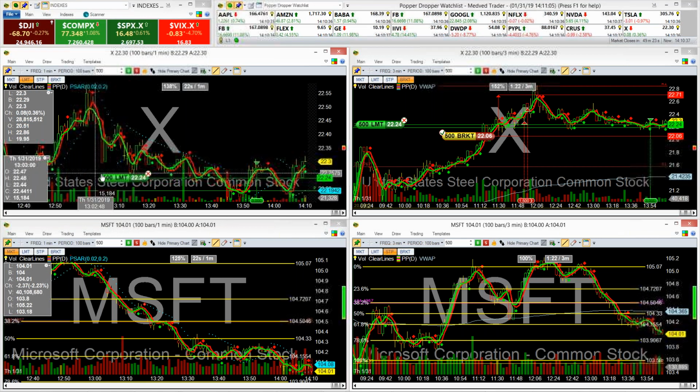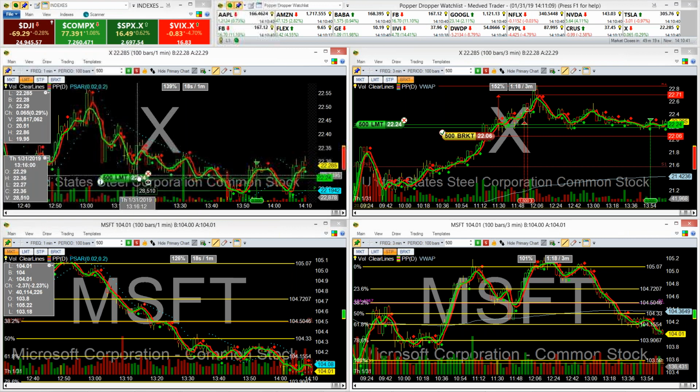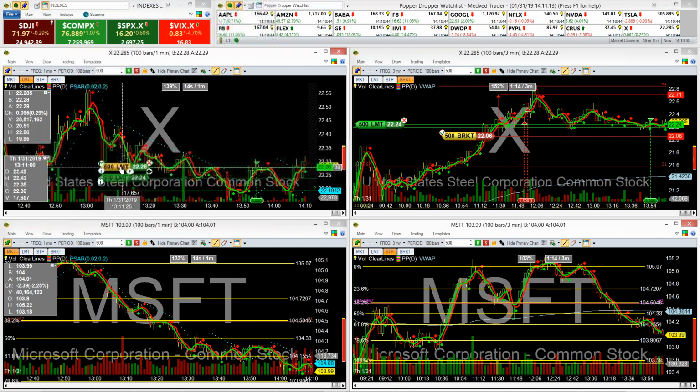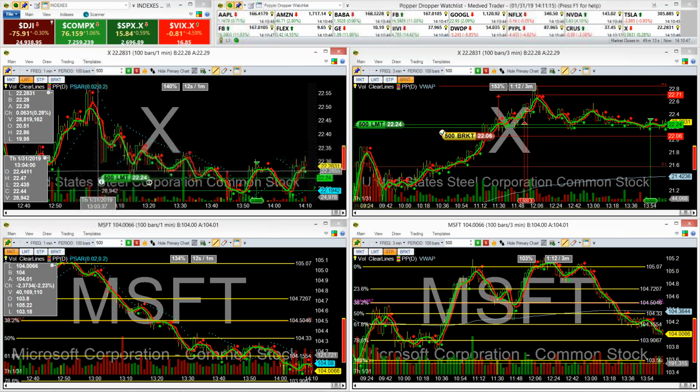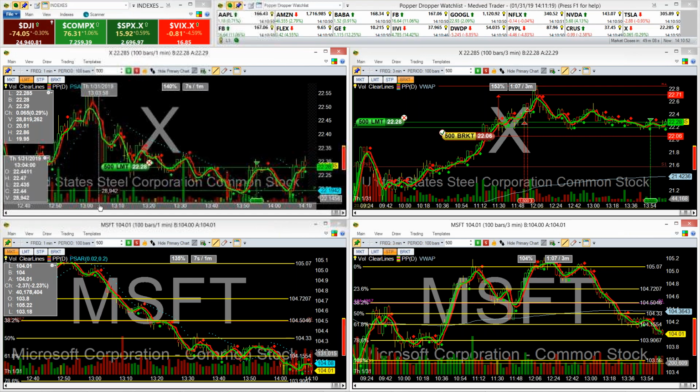Now, if I decide I need to move my limit order, I can grab the capsule, adjust it up, and click the M to modify. So now I have my bracket at 22, my limit at 22.28. If the price comes down and hits my limit, it'll put me in.